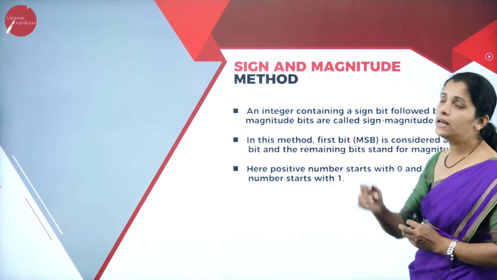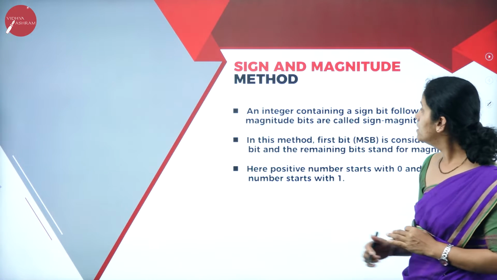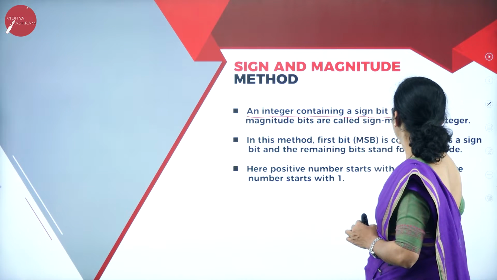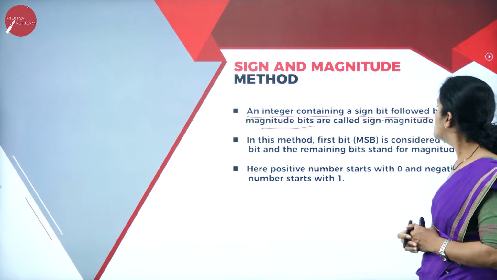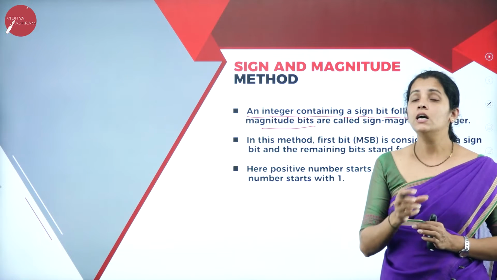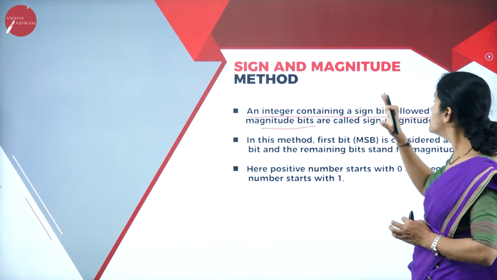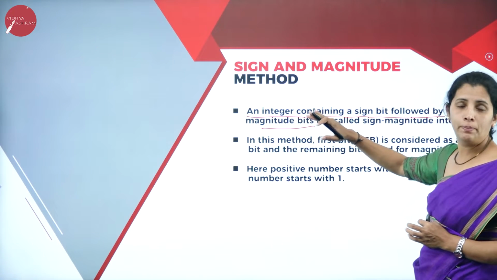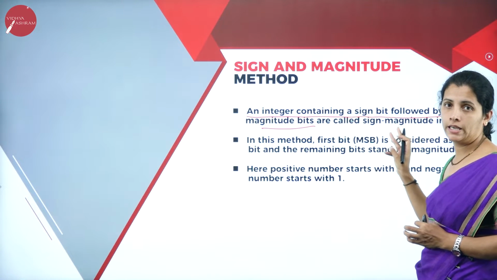At the beginning, I have the sign and magnitude method. An integer containing a sign bit followed by magnitude bits is called a sign magnitude integer. That means I have a sign bit, and along with that I have the magnitude, together called a signed magnitude integer.